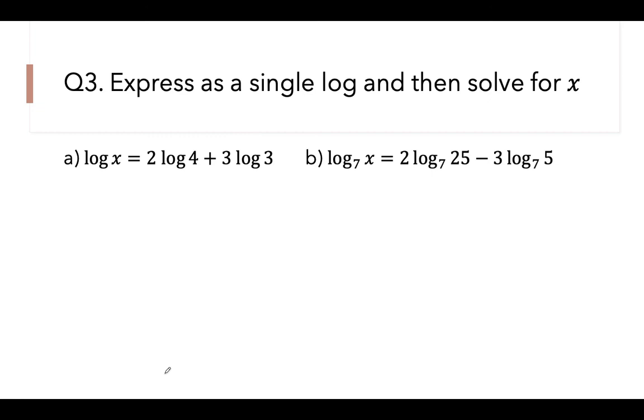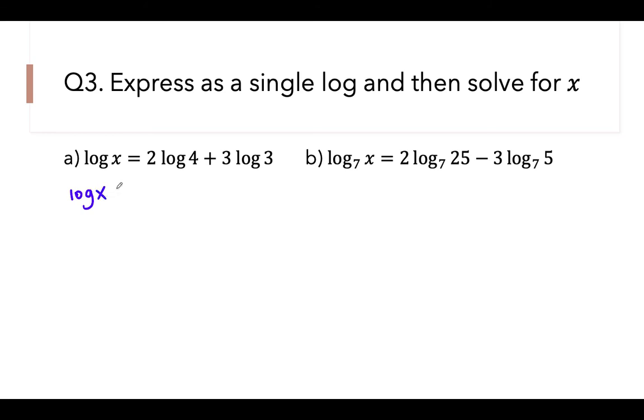Okay, so this time, express as a single log, and then we're going to solve for x. When we're solving for x, you want to make sure to check that it's the same base, and then you equate. So we are given the same base here. The base in this case is an invisible 10. And because it's adding, I'm going to combine using the logarithmic law.